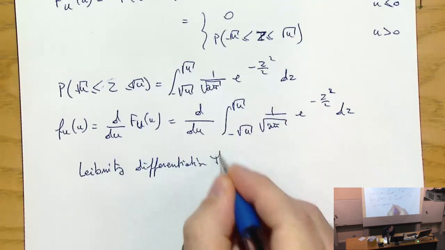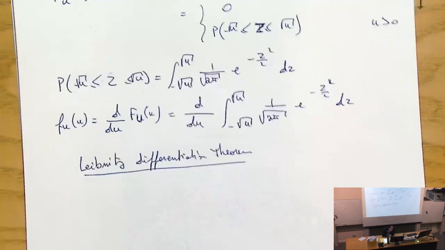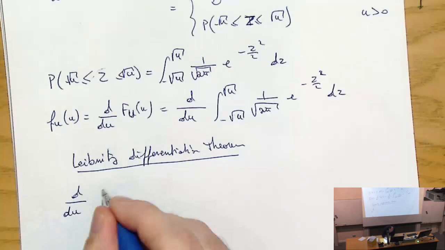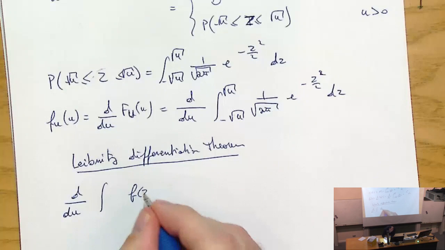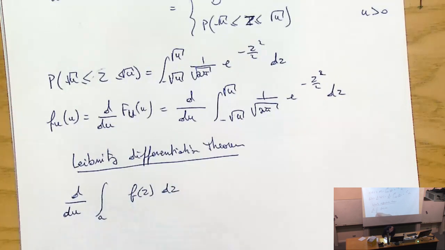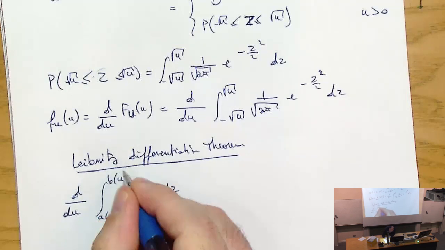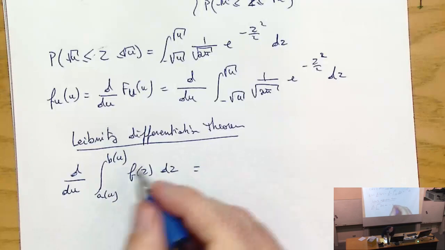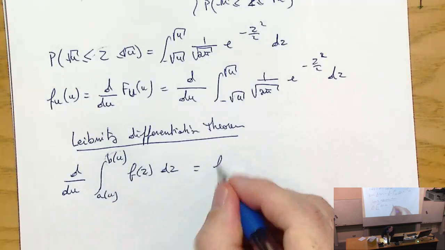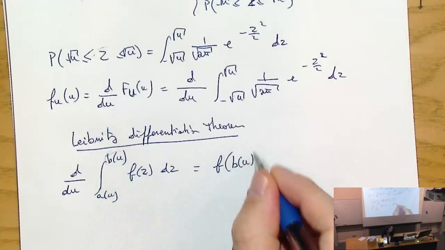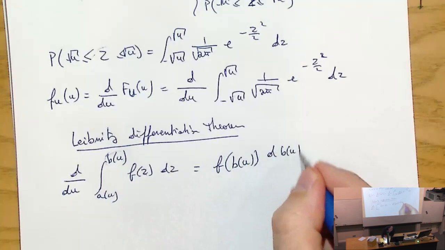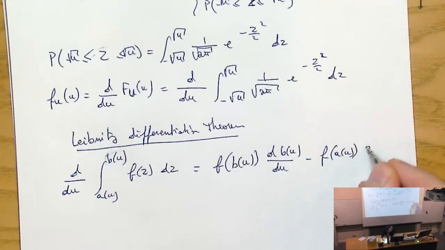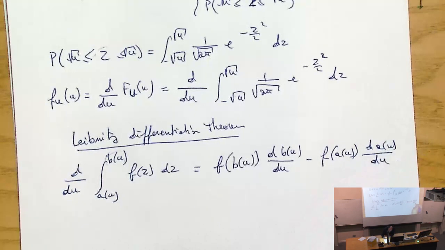What this theorem tells us is that if you have a derivative with respect to u of an integral of a function of z, but where the boundaries are functions of u, and this is really what we have here, then it is that function evaluated at b of u, multiplied by the derivative of the boundary with respect to u, minus the function evaluated at a of u, multiplied by the derivative of a with respect to u.